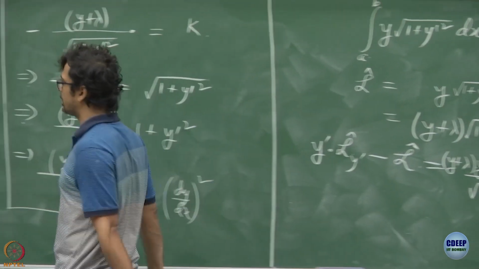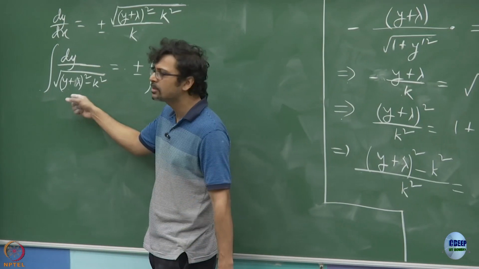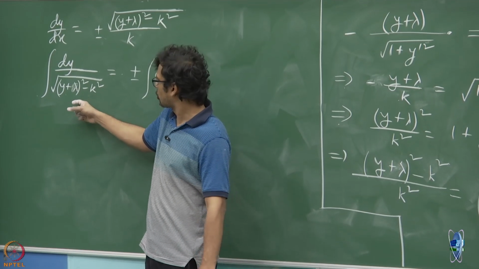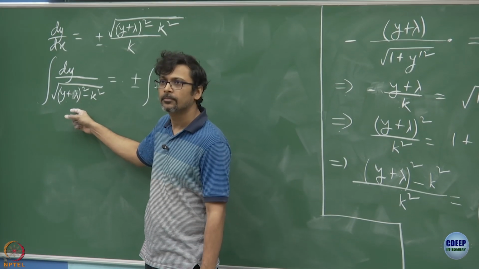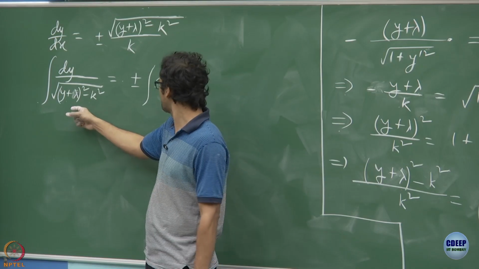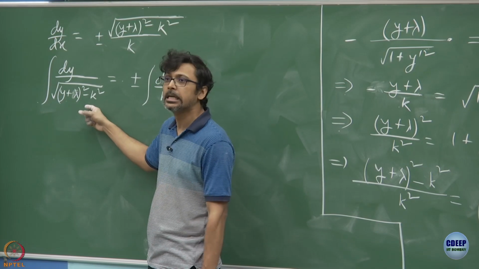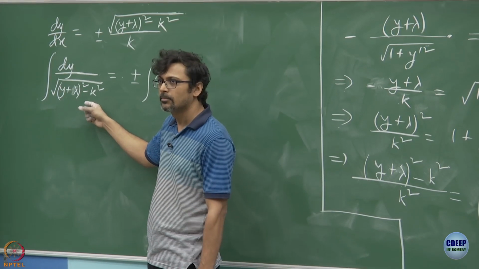But if you remember your relations, you will immediately see that this is nothing but the cos hyperbolic inverse of y plus lambda by k.